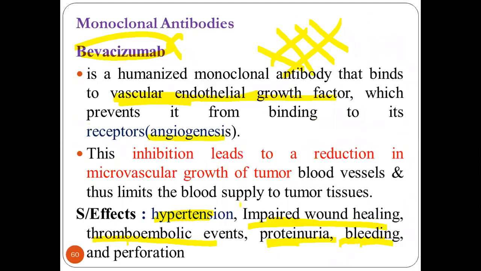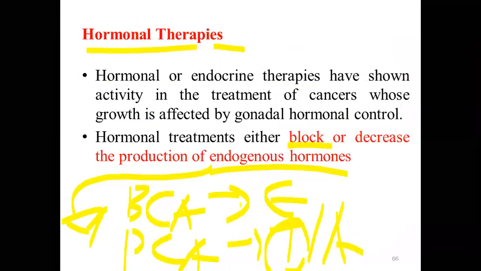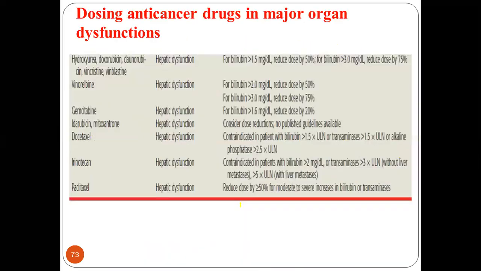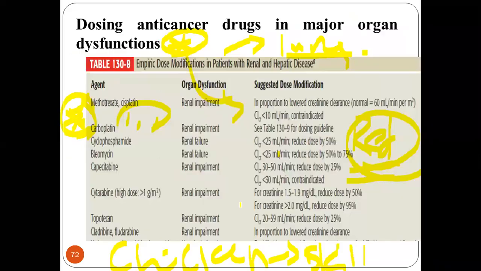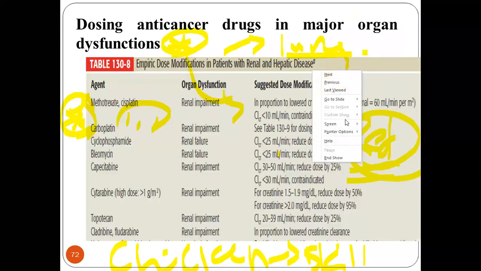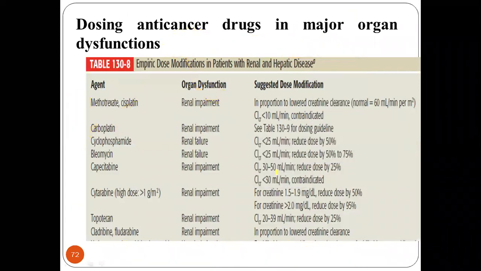Okay, maybe in the next 1 minute, so that we don't come back again to this issue. Remember, there are some drugs that require dose adjustment because of organ involvement. Like methotrexate and cisplatin, they can cause renal impairment. So dose adjustment is very important according to the creatinine clearance. That is very important information to know.